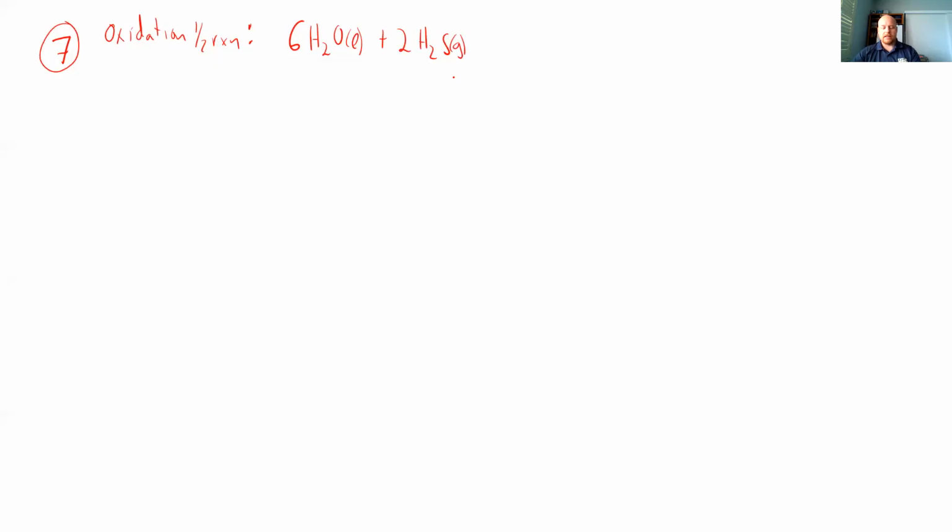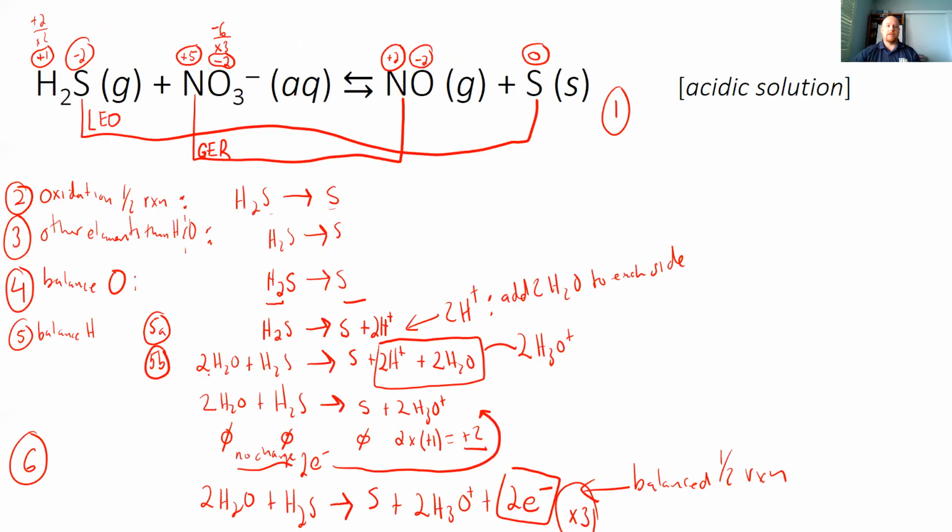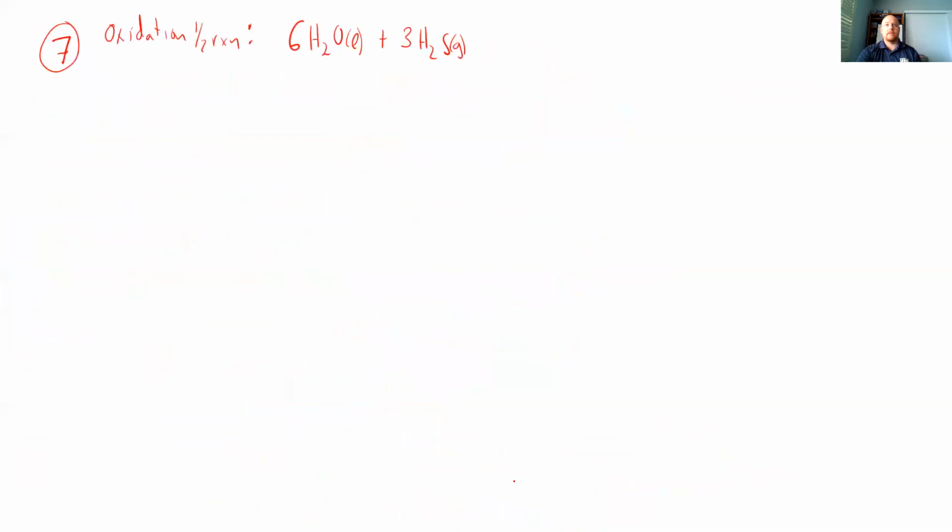So H2S is a gas. Oh, shoot, excuse me, I should have 3 of these. I can do math. 3 times 1 is 3. And then I'll go back up and look at my equation. I'm multiplying these by 3, so I've got 6 waters, 3 H2S's. I should have 3 of the sulfur solids, 6 of the hydronium ions, and 6 electrons.